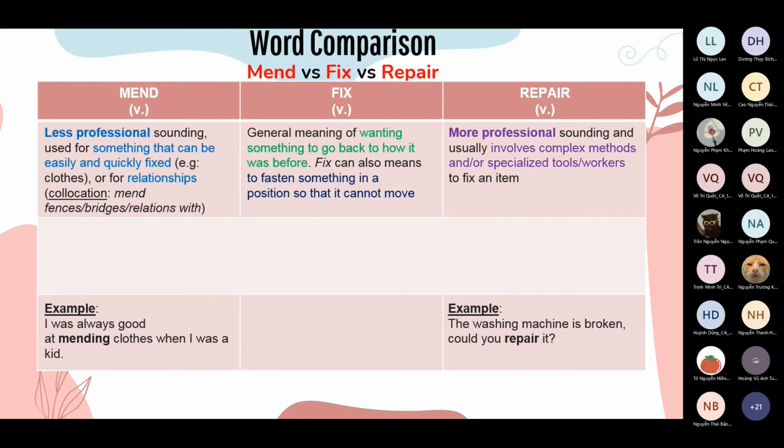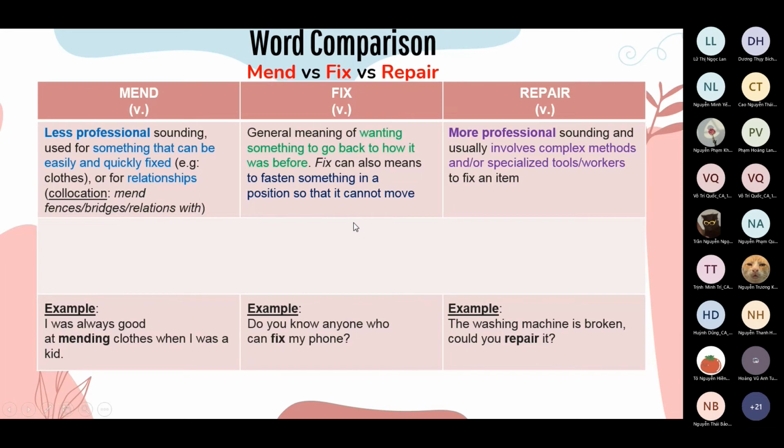So it is a dual word. Fix also has another meaning, which is to fasten something in a position so that it cannot move. Mend and repair don't have this meaning, so you should keep this in mind. For example here, do you know anyone who can fix my phone?